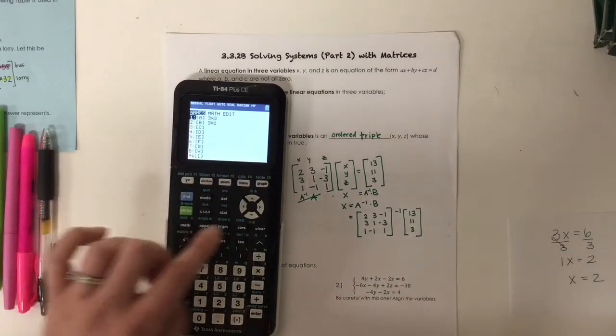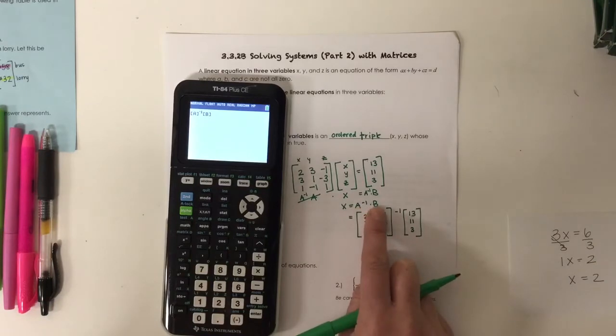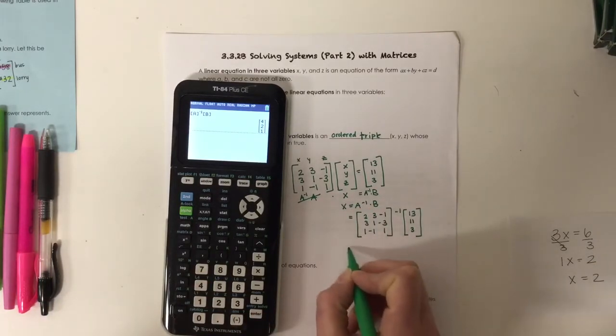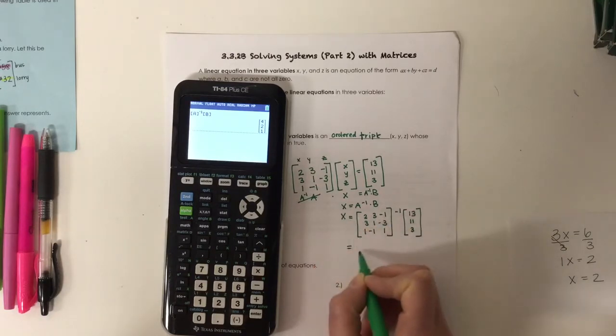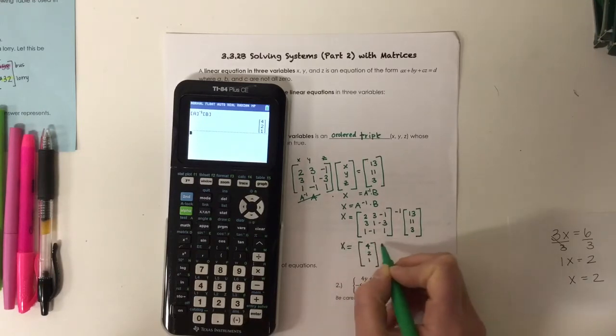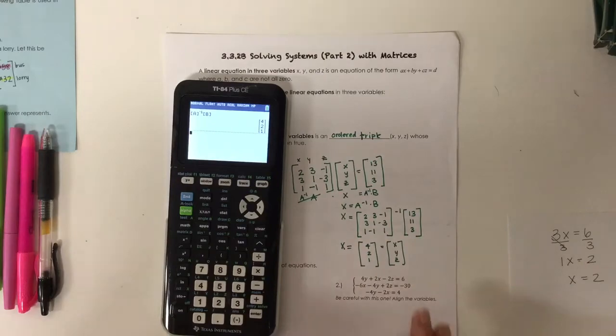And then second matrix, go down to number 2 for matrix B, my inverse of A times B. You hit enter, and it gives you that result for matrix X is 4, 2, 1. Which is really the same thing as saying X, Y, Z. So X is 4, Y is 2, Z is 1.